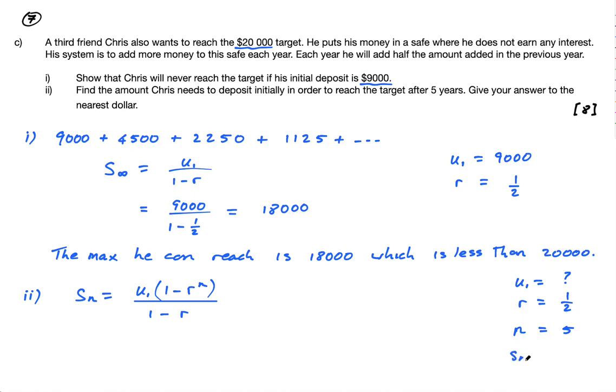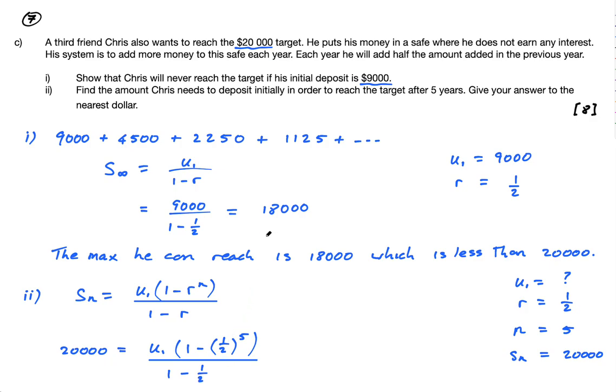So S of n, the sum, is actually going to be 20,000. So I'm going to sub in here 20,000. 20,000 equals U1, which I don't know, times 1 minus r to the power of n, which is a half to the power of 5, close brackets, all over 1 minus a half.